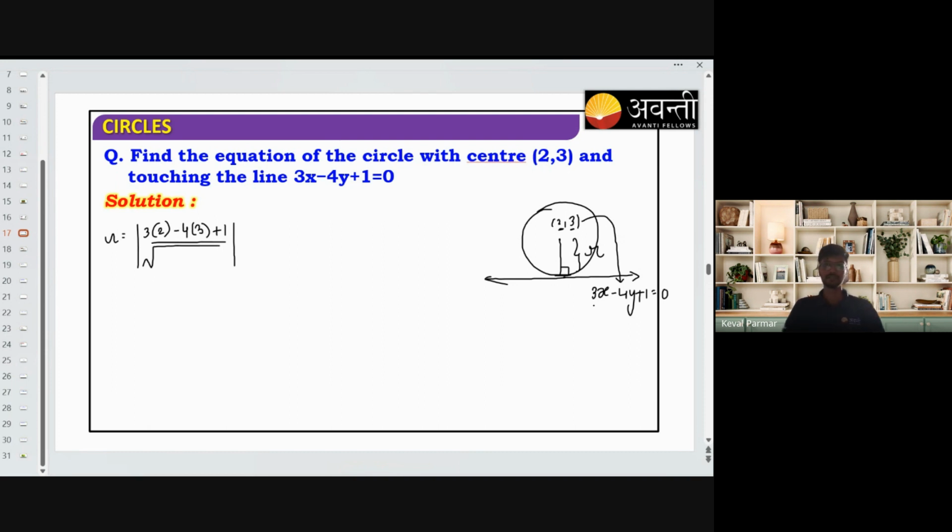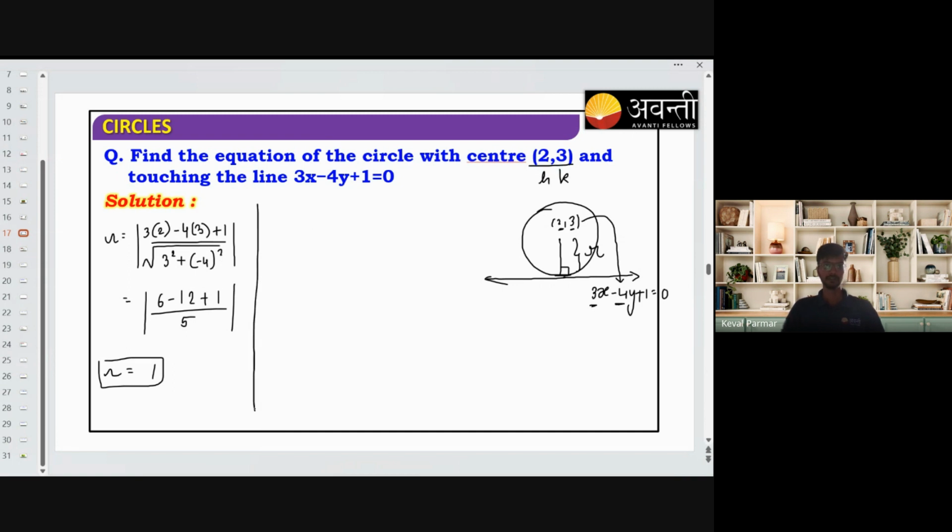What are the coefficients here, guys? 3 and minus 4. So 3 square plus minus 4 square. So what do we get, guys? 3 twos are 6 minus 12 plus 1 upon, I think we'll get 5 in the denominator. The numerator is 7 minus 12, which is 5, upon 5. So radius, I think we got 1. Correct. Radius is 1. Center is 2 comma 3, which is h comma k.